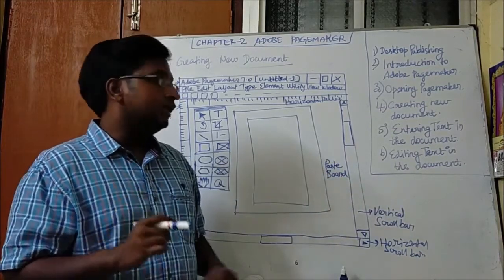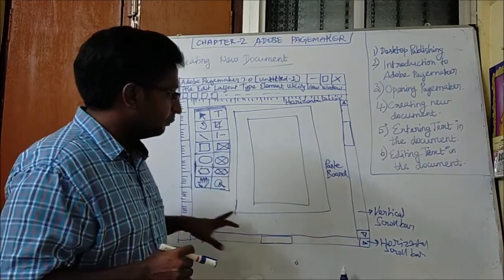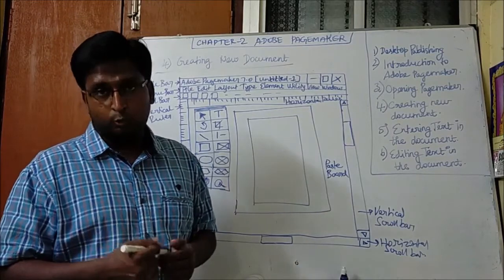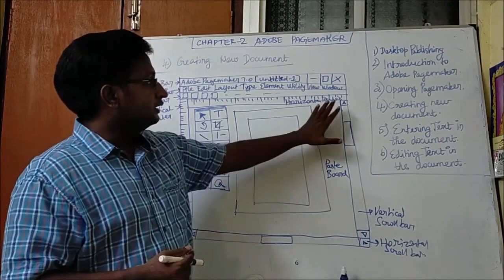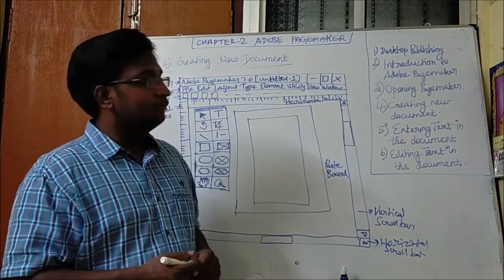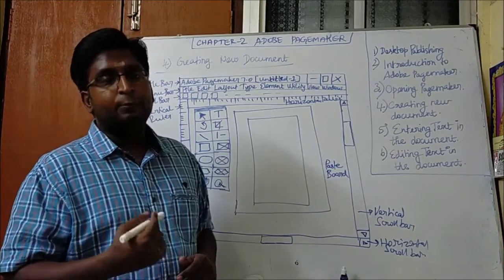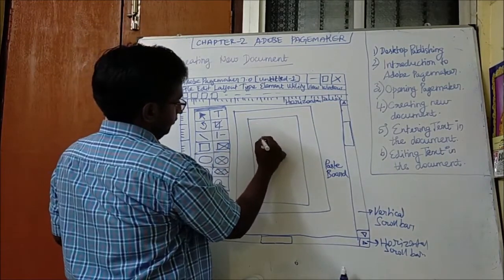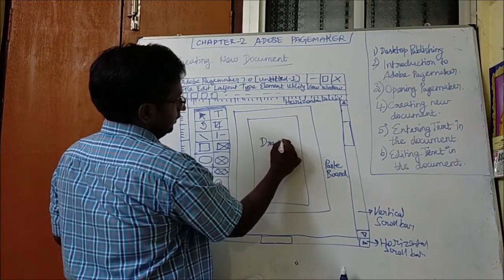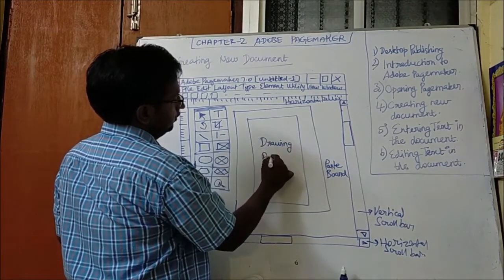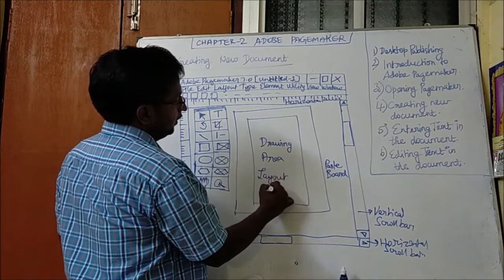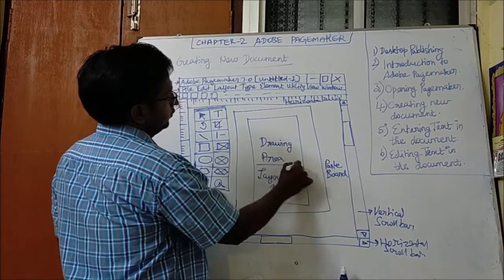While saving the document, those elements which are in the pasteboard will not be saved and will not appear in the output. So we can easily keep elements in the pasteboard temporarily. So this is the main area, the drawing area or the layout area, where we are going to create the layout.